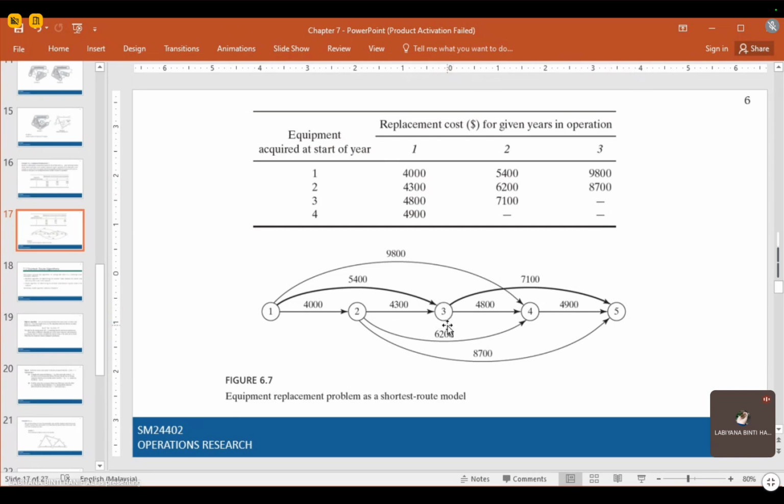From node 3, we can get into node 4 with 4,800, and the second one, to node 5, is 7,100. Lastly, we have node 4 to node 5, which is 4,900. So from this situation, we can represent it as our model.